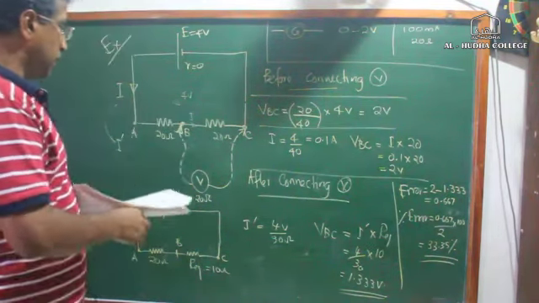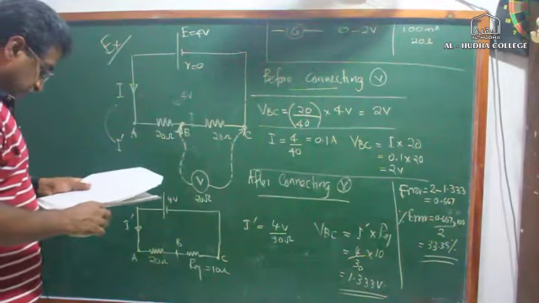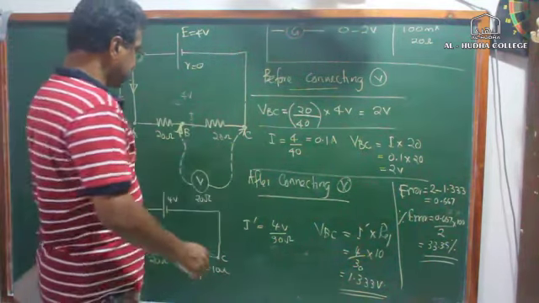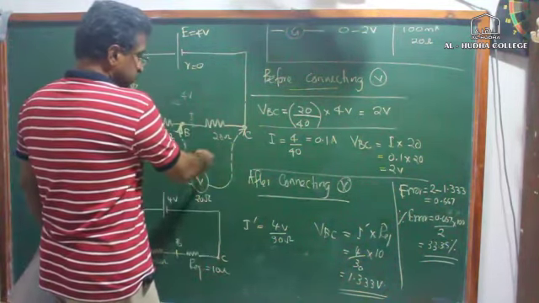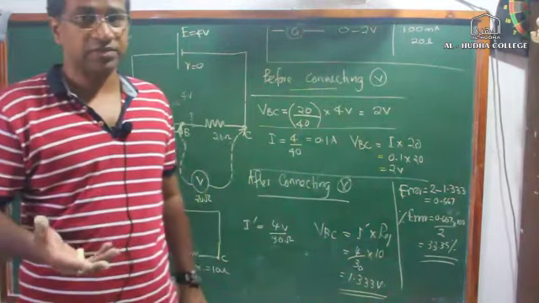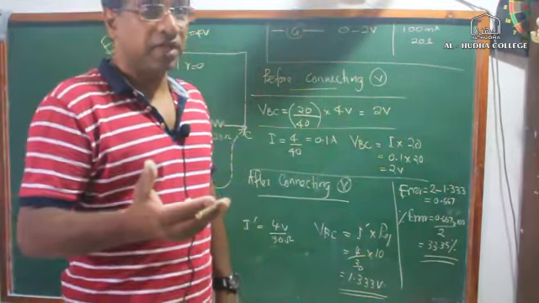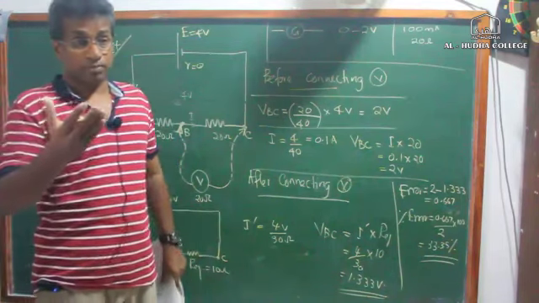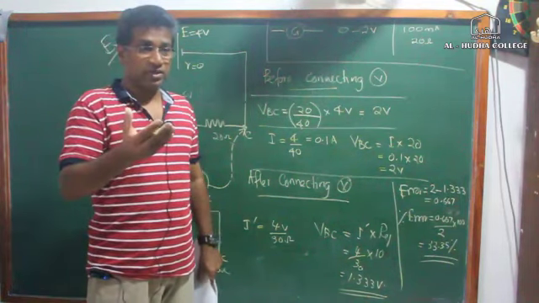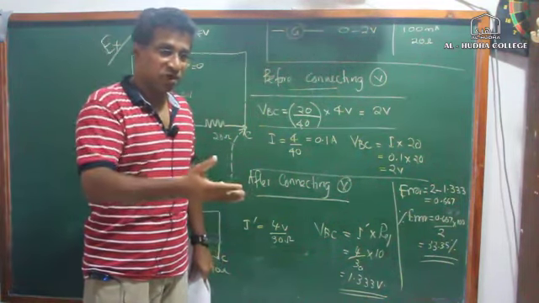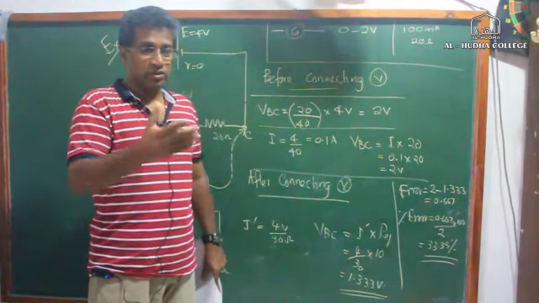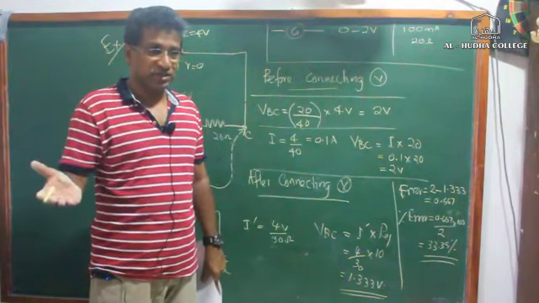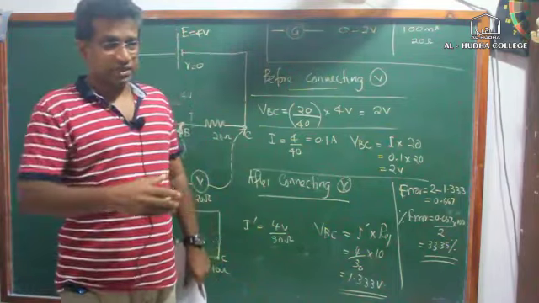But anyway, we can see what is the influence of the resistance of the voltmeter on the circuit. Now we said in the ammeter case, if the resistance of the ammeter is very much smaller compared to the load resistor, we get less error.